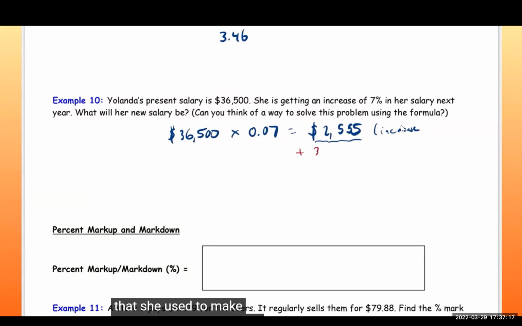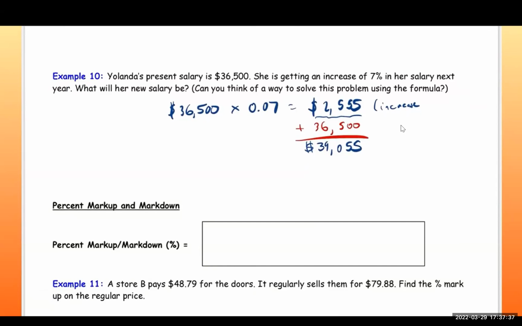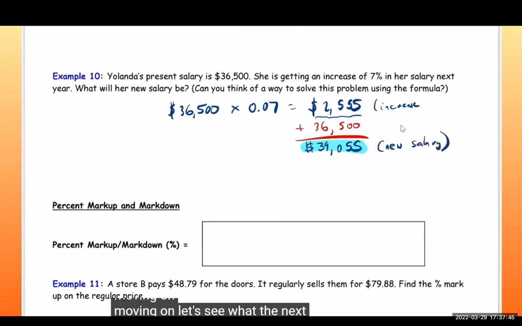So we should end up with the new amount. All right. And so there you go. That is her new salary.